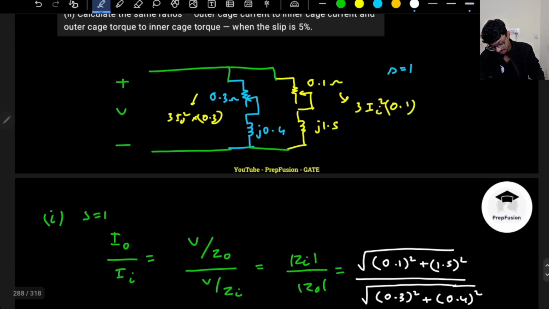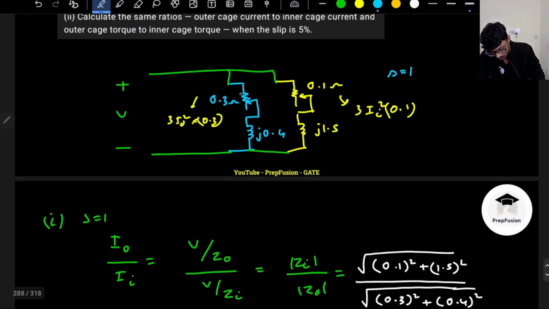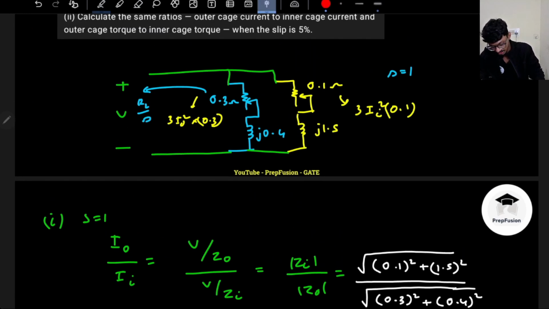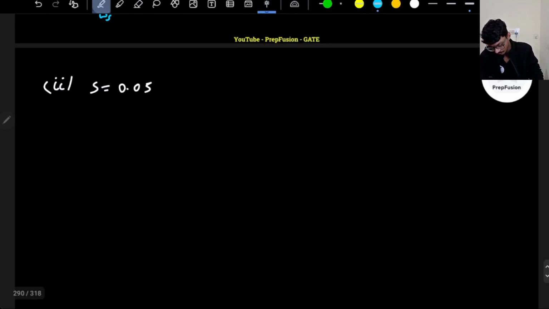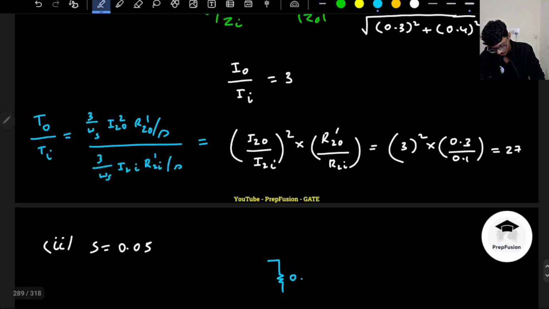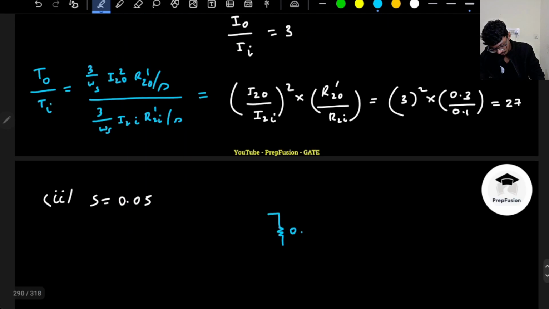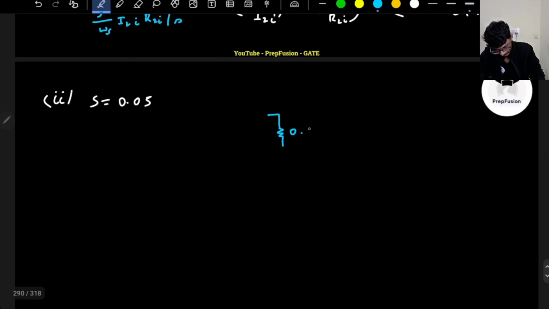This value is supposed to be equal to R2 divided by s, where s was 1 at standstill, right? Now if s is 0.05, this will become 0.3 divided by 0.05.